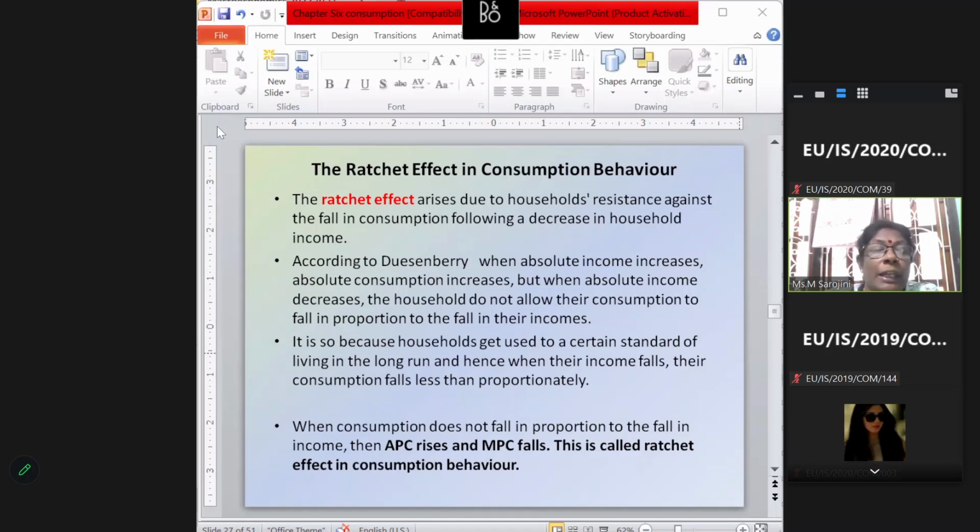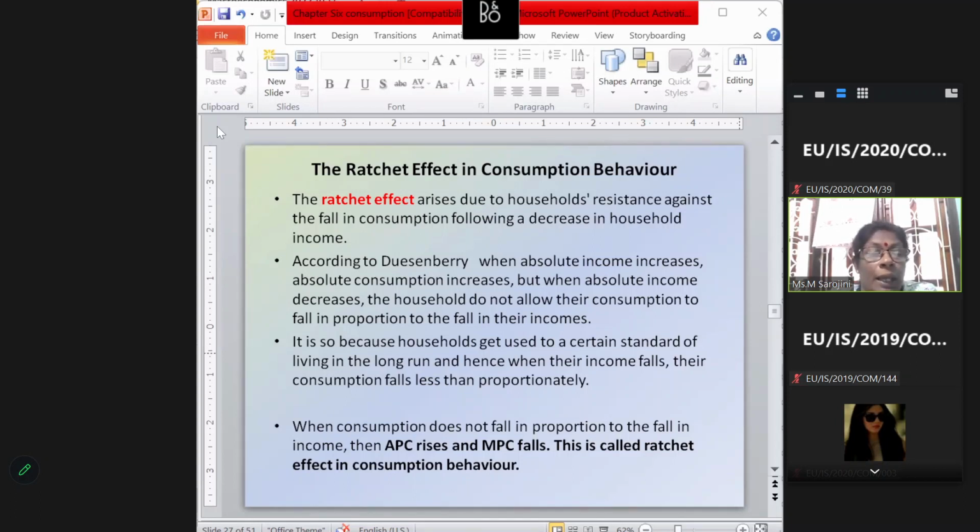But Duesenberry's relative income hypothesis explains that when the income increases, consumption increases, but when income decreases, consumption will not decrease. That is the special thing under Duesenberry's relative income hypothesis. Also, that is called the ratchet effect.